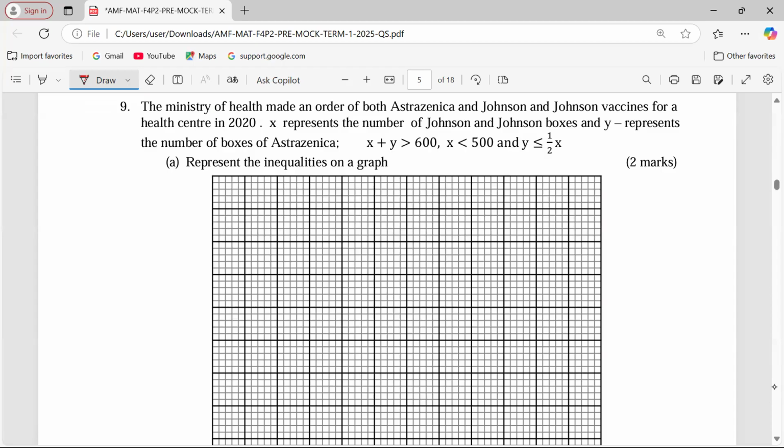Again, the number of Johnson & Johnson boxes is supposed to be less than 500, while the boxes of AstraZeneca is supposed to be less than or equal to half the number of Johnson & Johnson, which is X. So that is why we have these inequalities now.